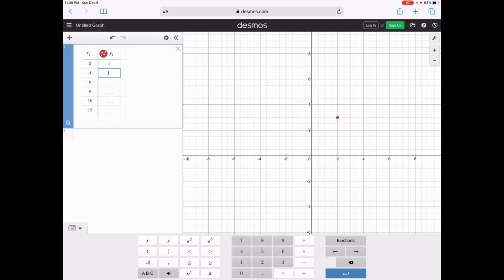So there's a 3, a 6, a 10, a 12, a 16, and a 20. So now I have my data set plotted.